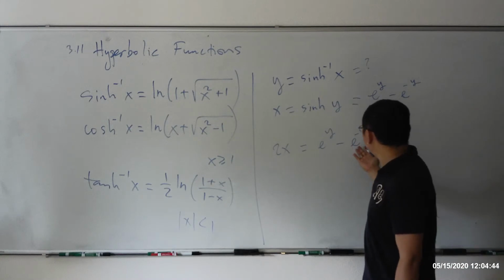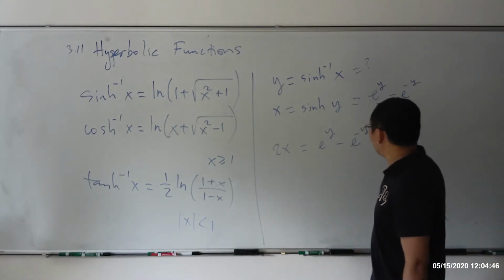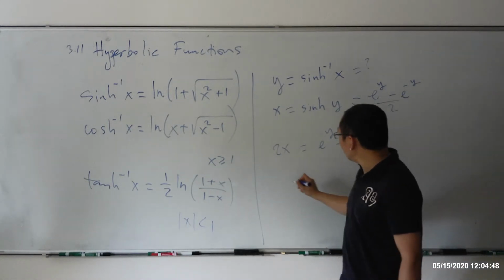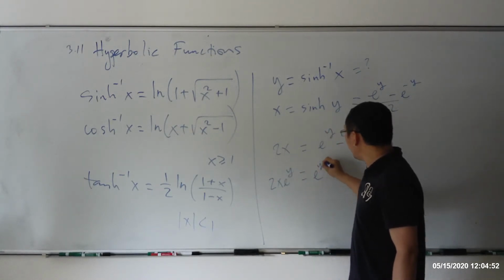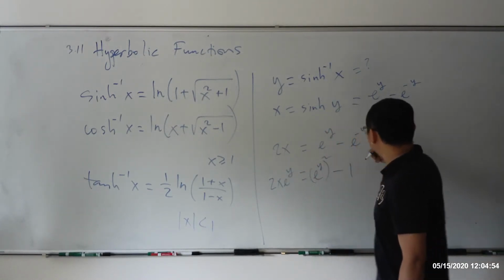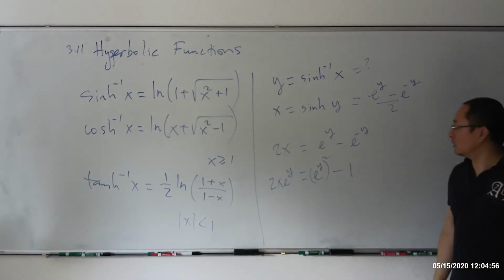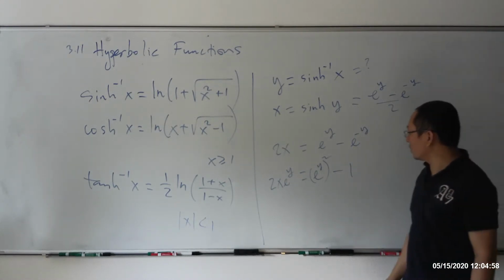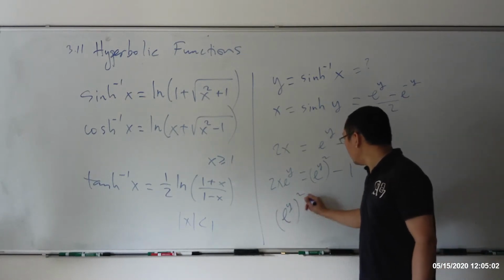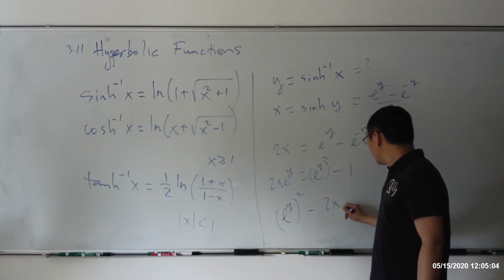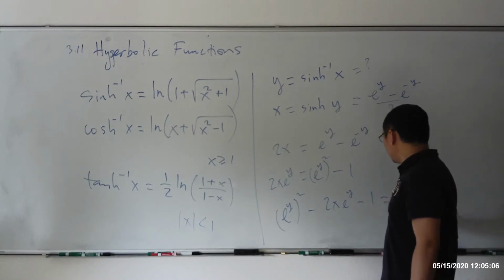Multiply both sides by e to the y. I get 2x e to the y equals e to the 2y minus 1, because e to the y times e to the negative y is equal to 1, reciprocal. So e to the 2y minus 2x e to the y minus 1 equals 0.